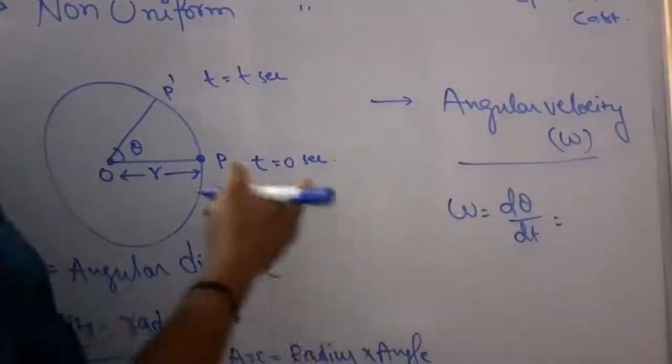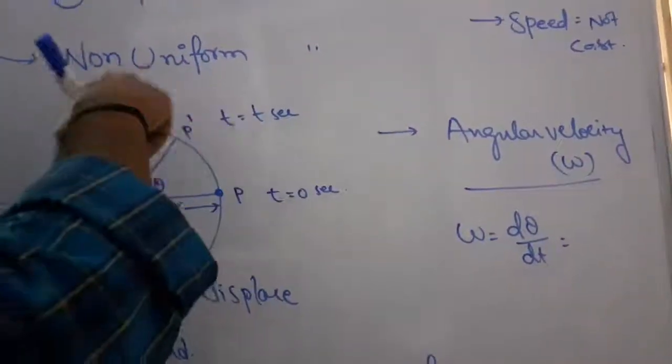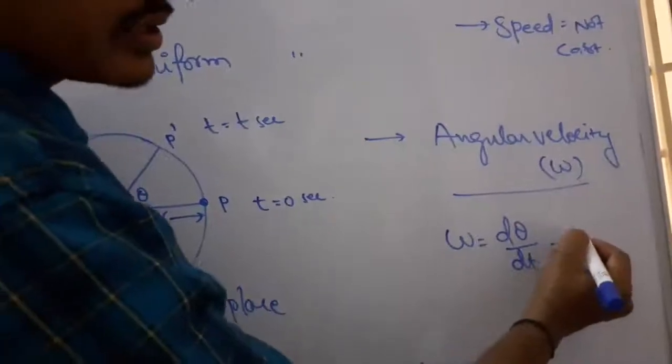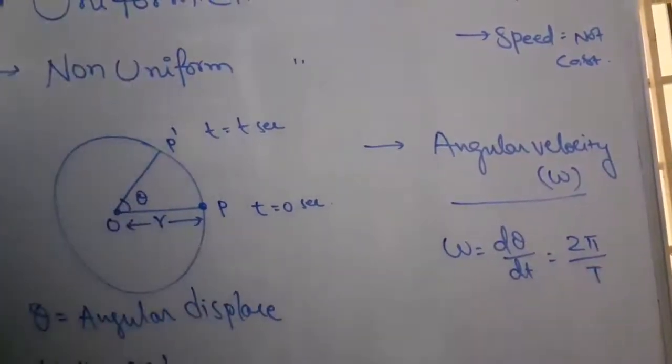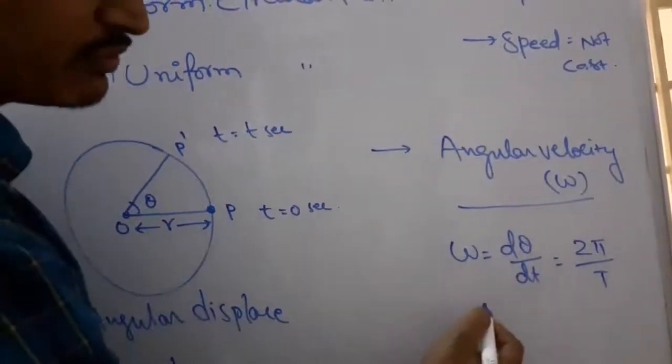For example, whenever the particle makes one revolution, the angular displacement is 2 pi in time interval t. This is the angular speed formula.